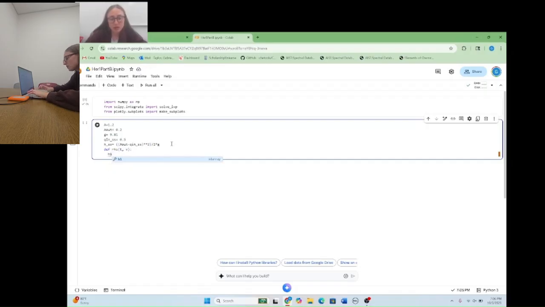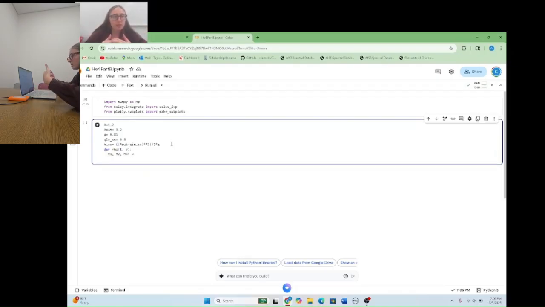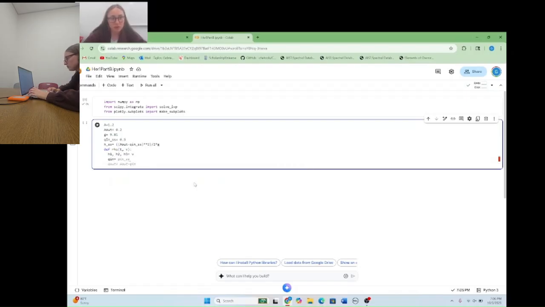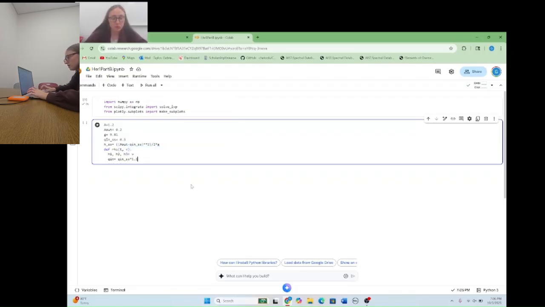So we want to solve for height 1, height 2, height 3, right? And that's going to be in that vector. What else do we know about this problem is that from that steady state, we're going to increase by 10% of that flow rate. So Qn is equal to Qn steady state times 1.1, and that's going to give us a 10% increase.